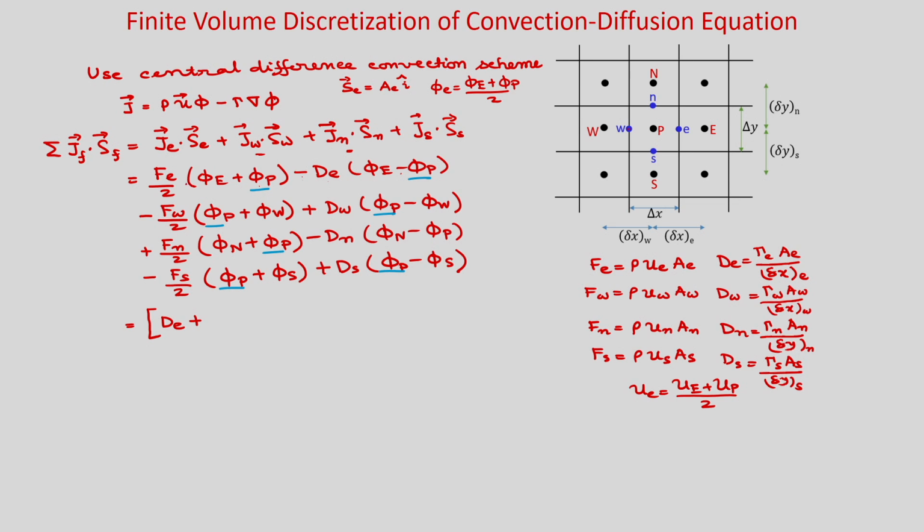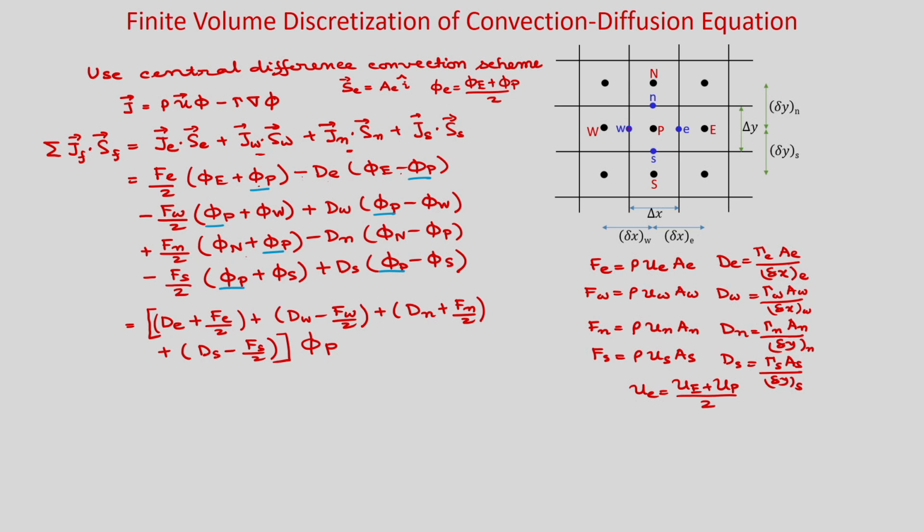So, for this phi_P, this is F_e by 2. Okay. So, this is one coefficient. Then for this you will get D_w minus F_w by 2. Then for this north you will get D_n plus F_n by 2. Okay. Then you will get plus D_s minus F_s by 2. Okay. So, this is the coefficient of phi_P.